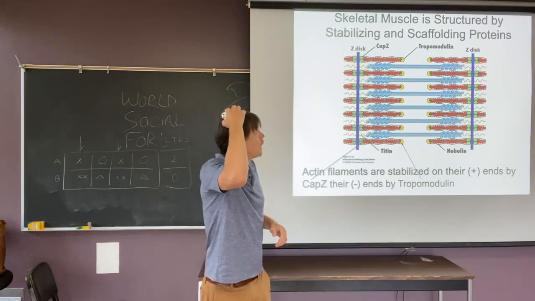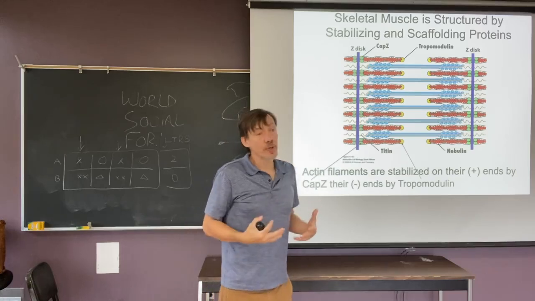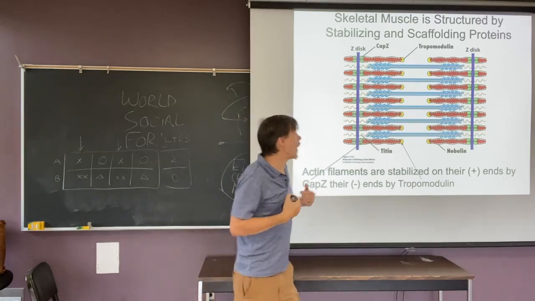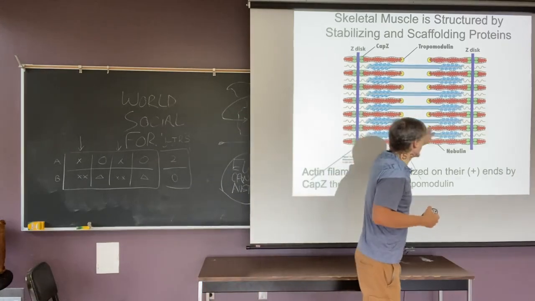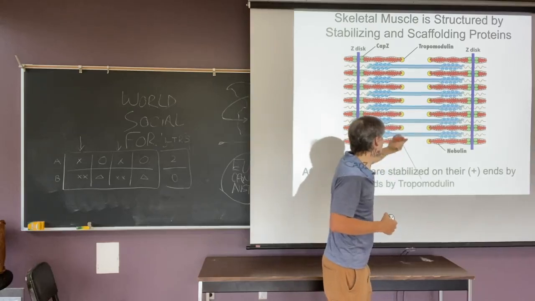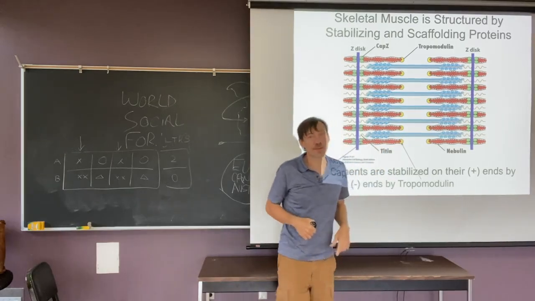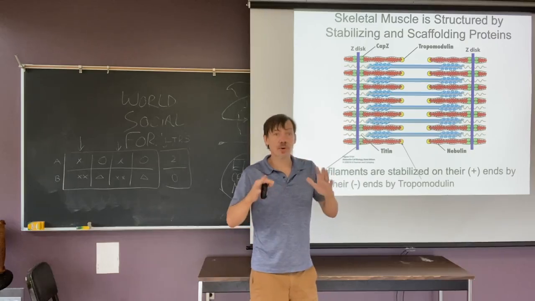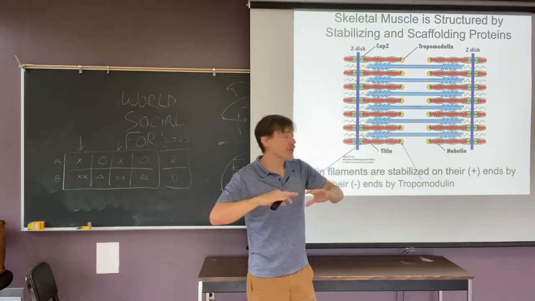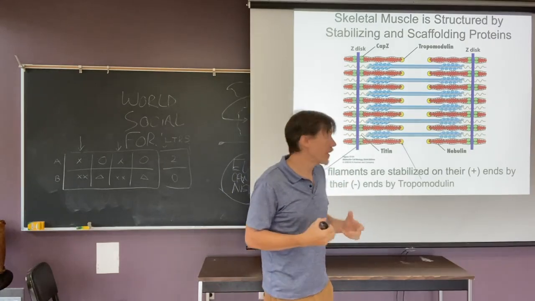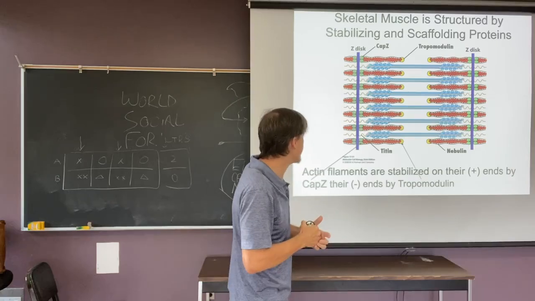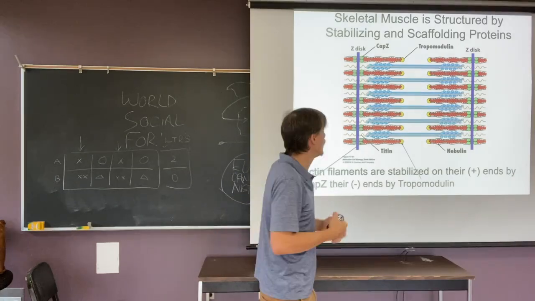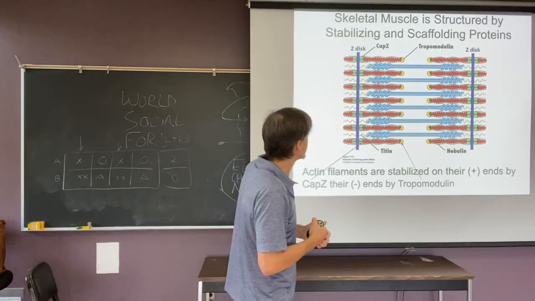So when we start to look at muscles, there's a lot more than just these thick myosin filaments and these thin actin filaments. Muscles are a structure, and as a structure, the assembly of muscles needs to be very carefully regulated. Several of the proteins that we've already talked about are important for this process.